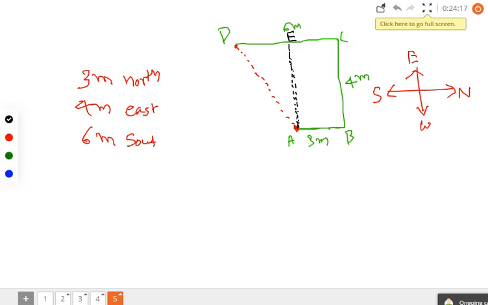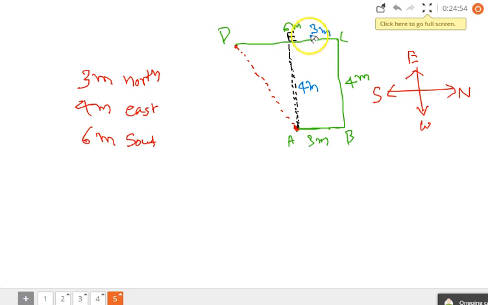What is the AE length? AB length is 3 meters. No, no, AE between this is 4 meters. Whenever AB is 3 meters, what about EC? EC is also 3 meters. So this is 4 meters, 4 meters, this is 3 meters, this is 3 meters. Got the point? Now, C to D is total 6 meters. E to C is 3 meters.